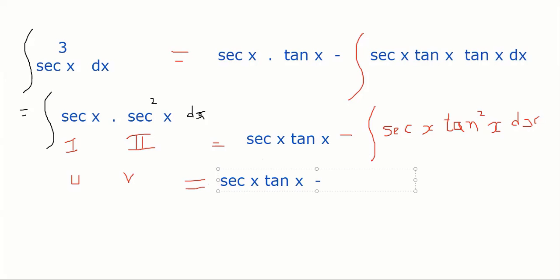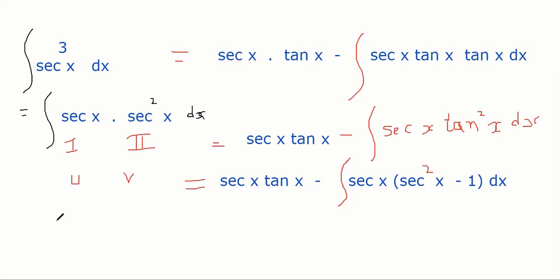Minus integration of secant x, and tan square I wrote as secant square x minus 1. Wait. Oh, I am telling you something very important now. So this is secant square. This integration. Correct, everybody?